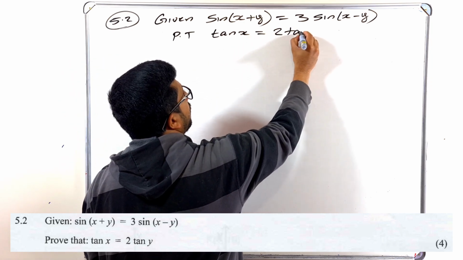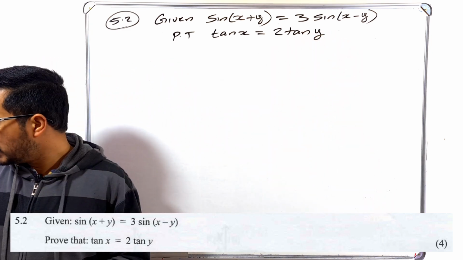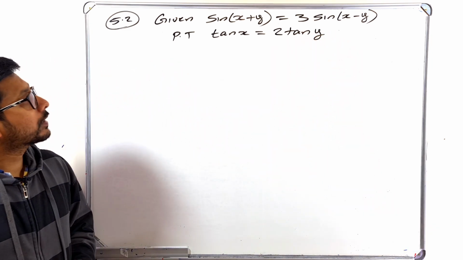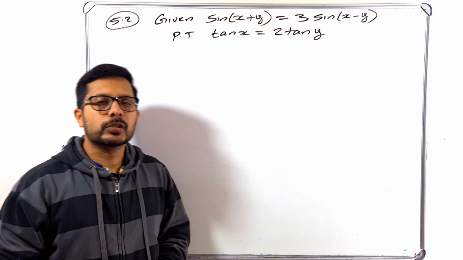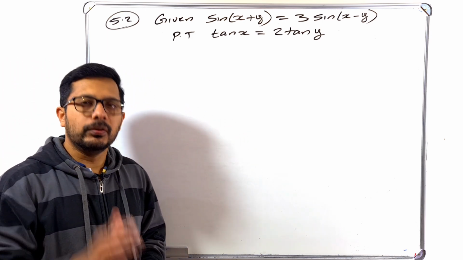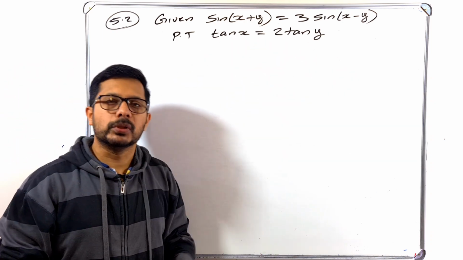This is what you want to prove. So it is given that sine of x plus y is equal to 3 sine of x minus y. If it is like that, you have to prove that tan x is equal to 2 tan y.